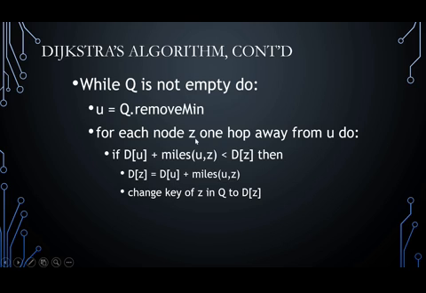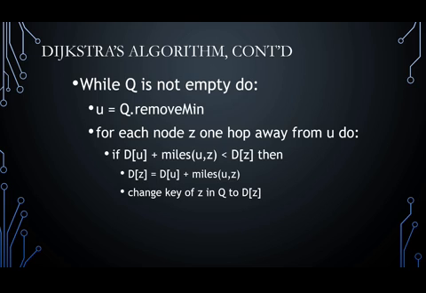For each node Z, which is one hop away from U. In the first step, I found a shortest distance between U and V. Now I am finding a shortest distance between U and Z, where V can be an intermediate node.